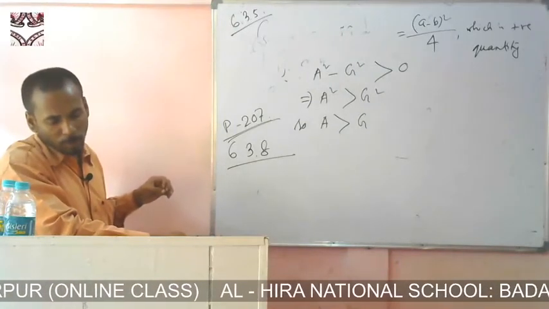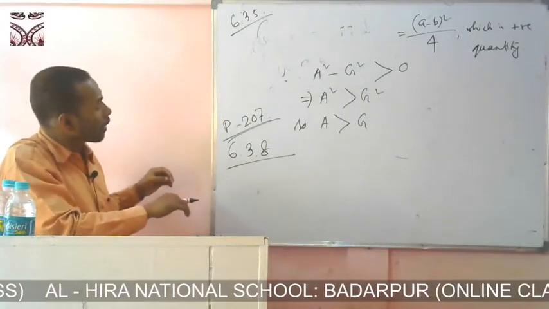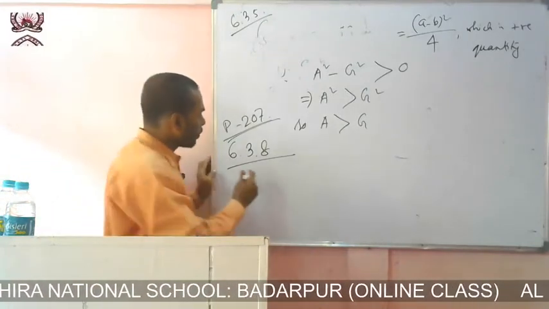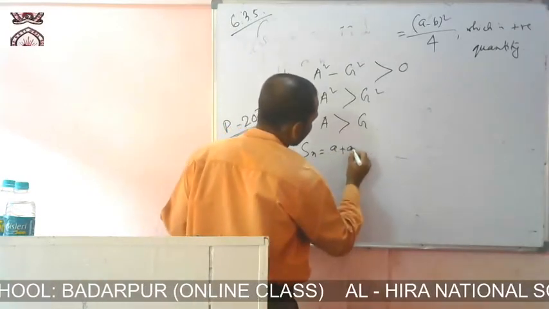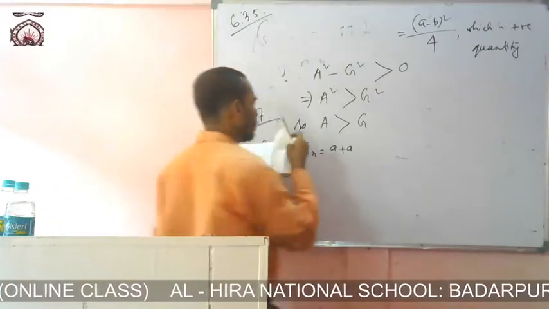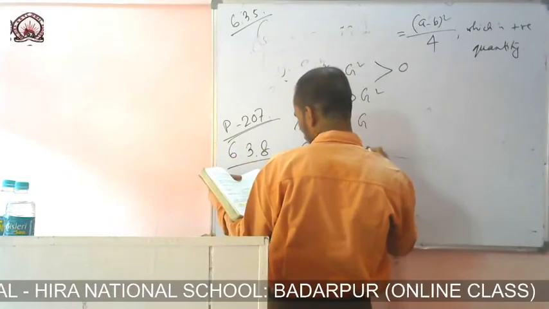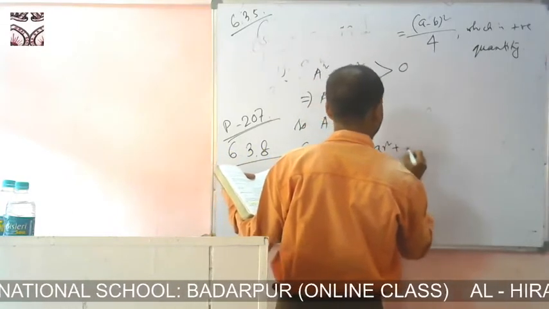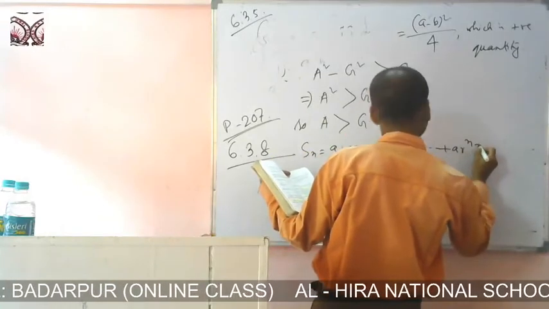Suppose Sn is equal to A plus AR plus AR square plus dot dot dot plus AR to the power n minus 1.